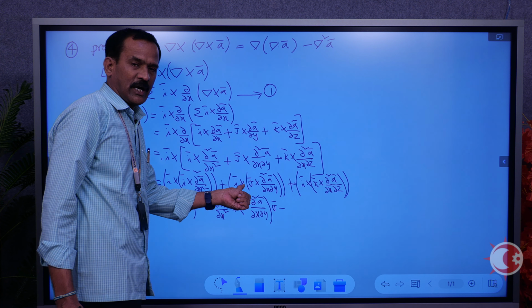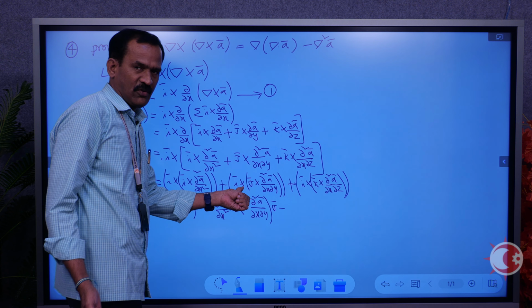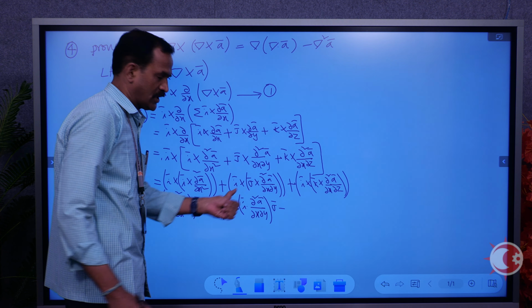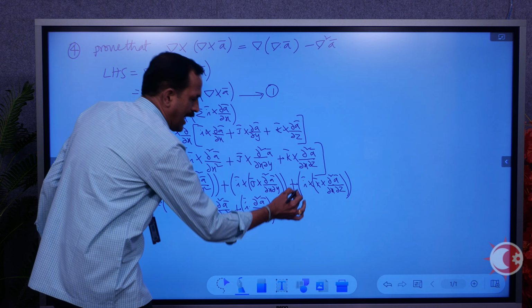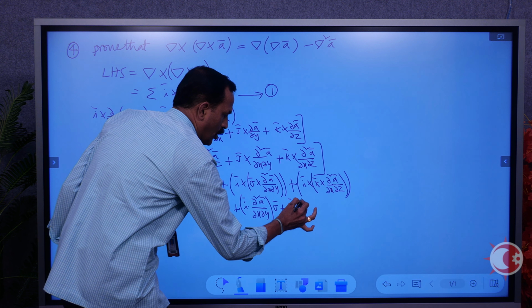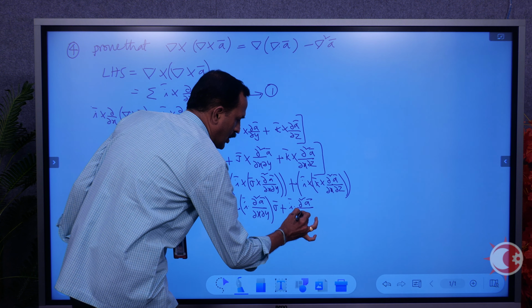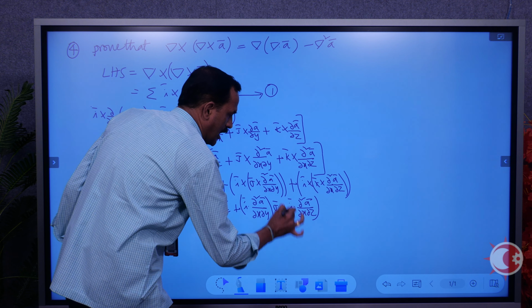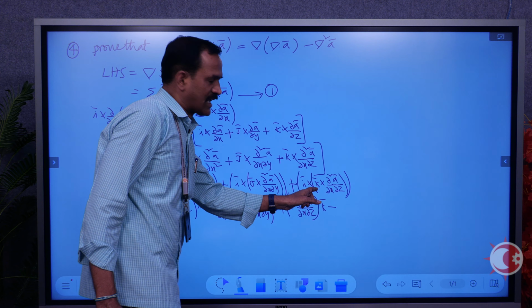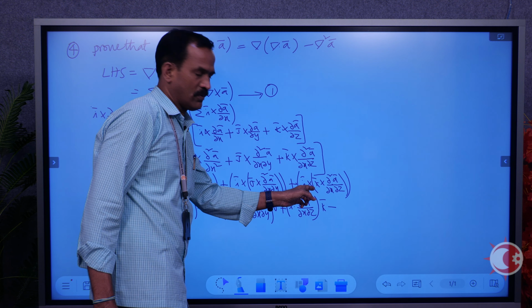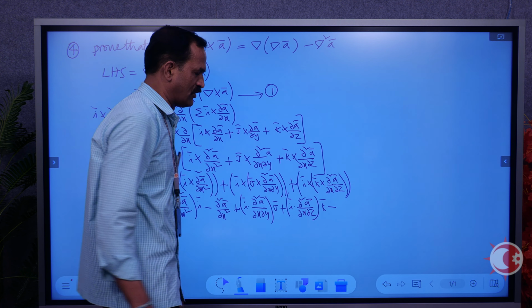If you find the dot product between two mutually perpendicular unit vectors, you will get 0. So i bar dot j bar is 0. No need to write the second term. Coming to the third term, i bar dot ∂²a bar/∂x∂z into k bar, minus again i bar dot k bar, but i bar dot k bar is again 0. So 0 into that part, we can leave that term.